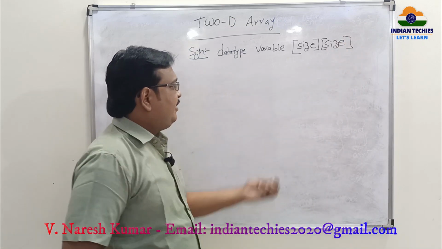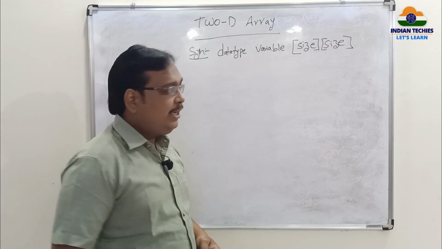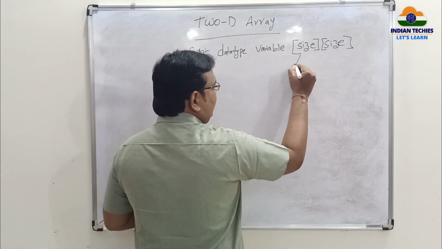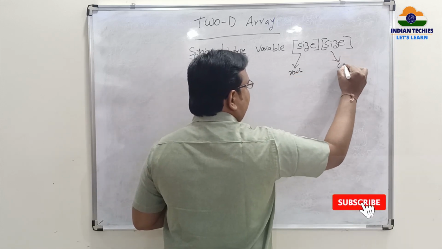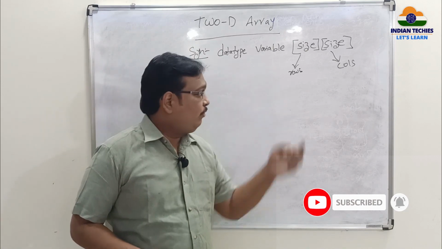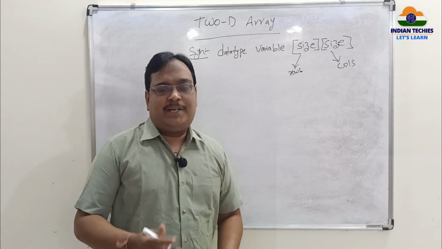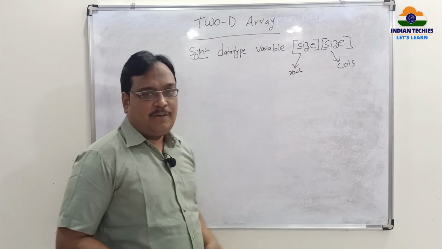Previously we wrote only one size, now we have to write two sizes. Generally, we consider the first size as the number of rows and the second size as the number of columns. If you want, you can change this order, first columns and second rows, but by default we consider the first as rows and the second as columns.